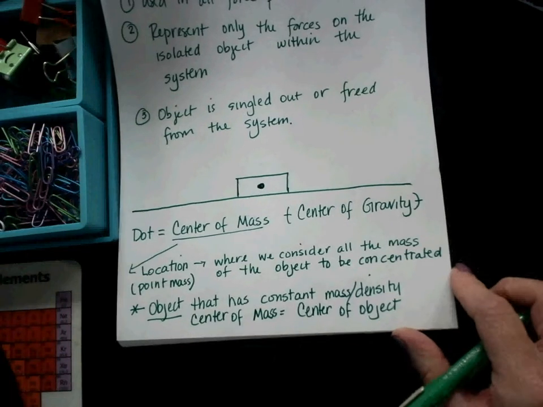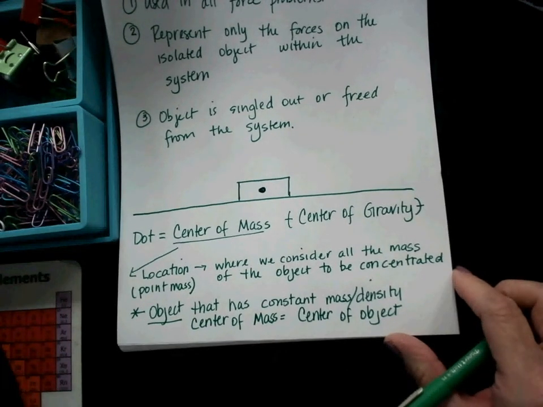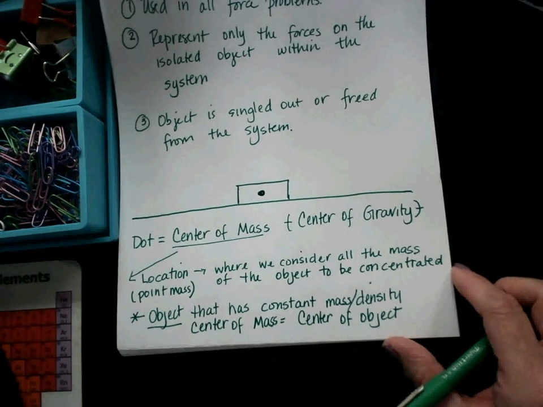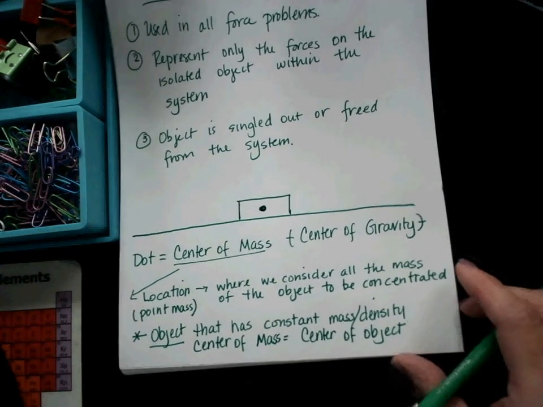So what does that mean? Basically that means any normally shaped object, like that book, or a block of wood, or normal shapes, their center of mass is normally located in the middle.